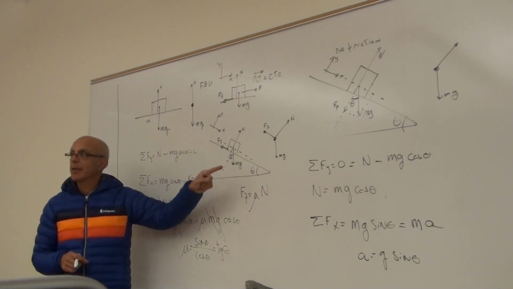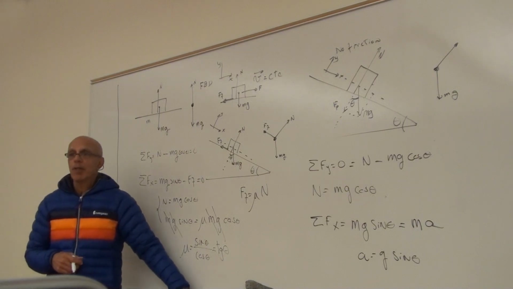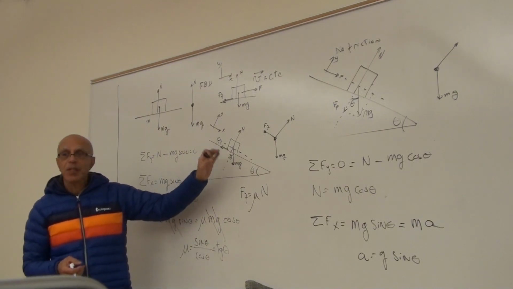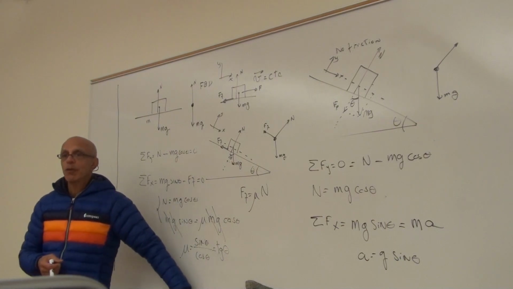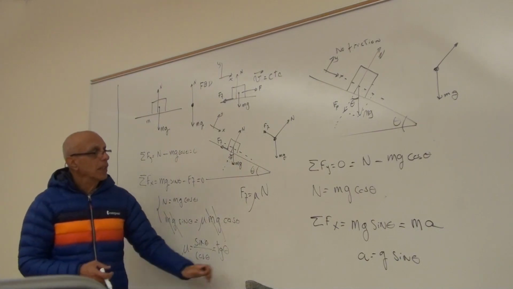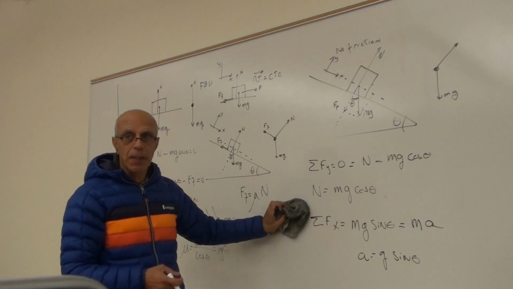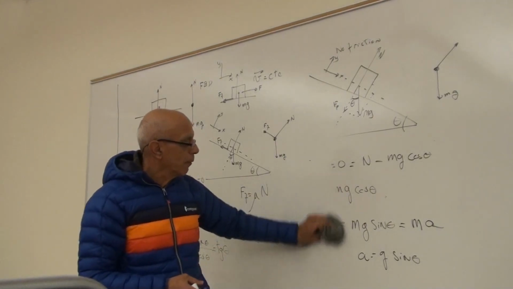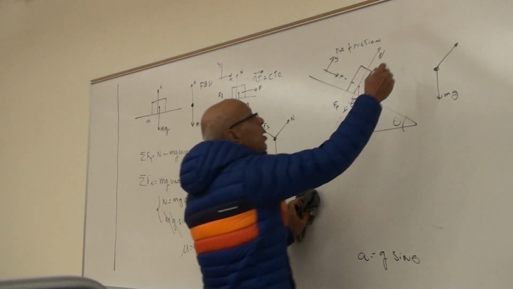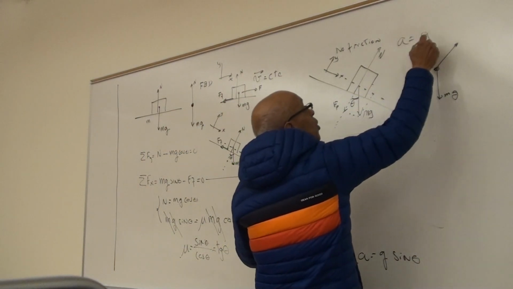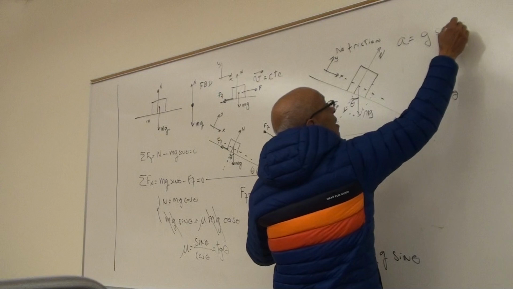This is balanced, right? Now, when this thing is being accelerated, or is moving, the situation is going to be different. So I'm going to erase this here, and copy this formula: a equals g sine theta.